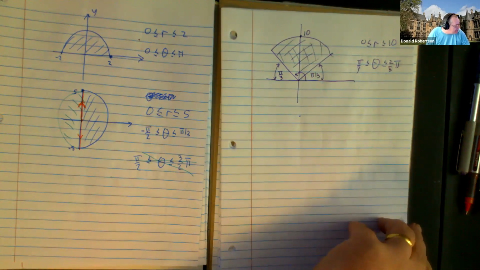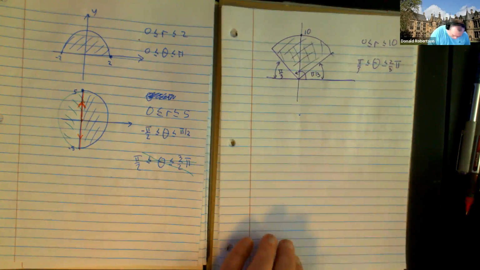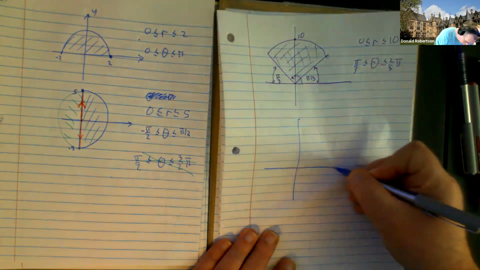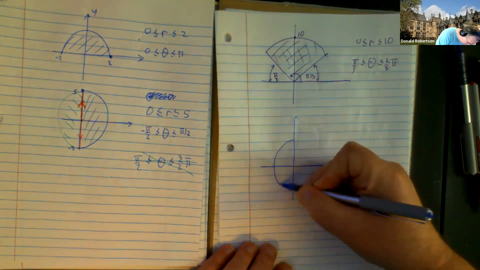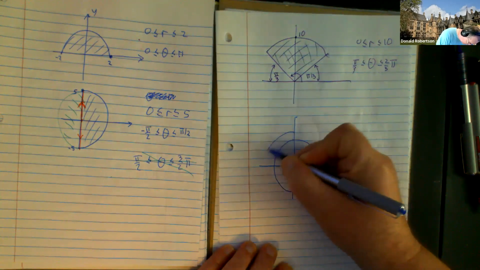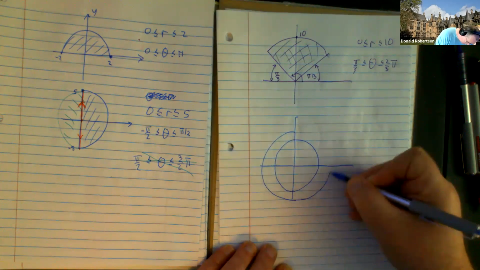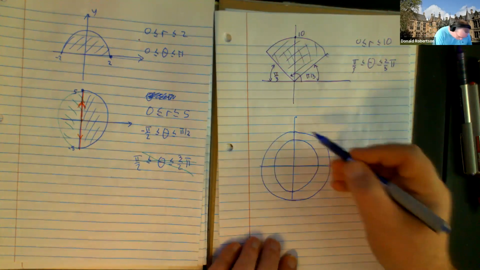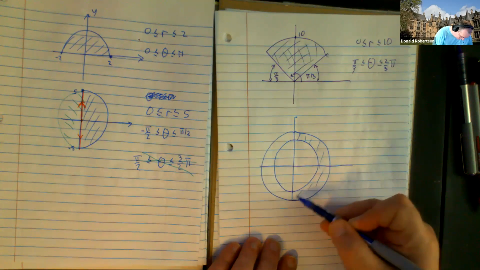So D is going to be a piece of a circle of various kinds, or a whole circle, or it might be this guy. I'm quite pleased about that. That actually looks kind of what I wanted.